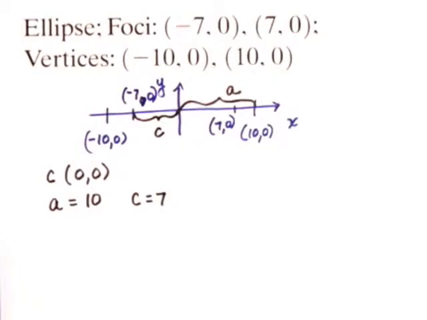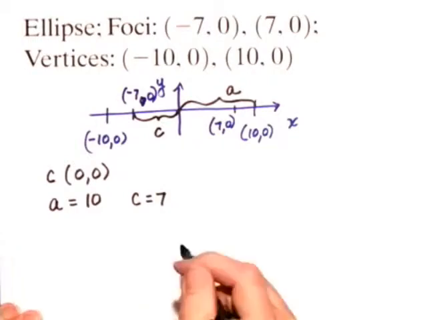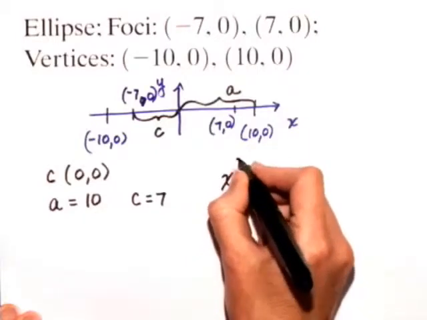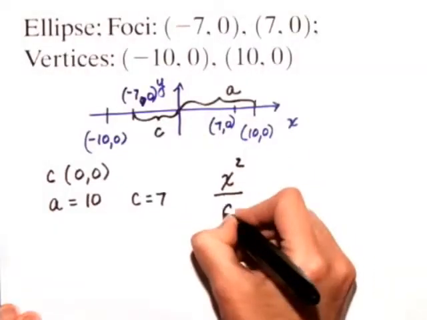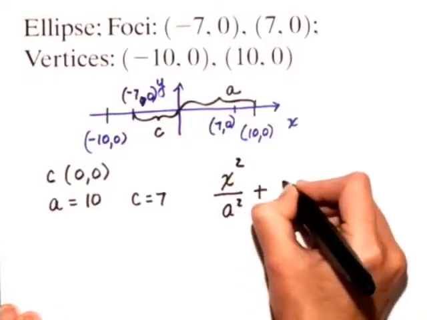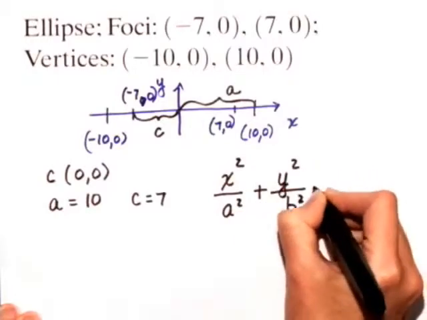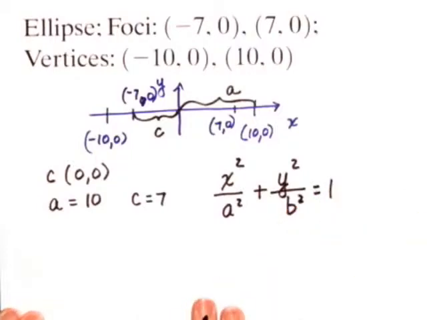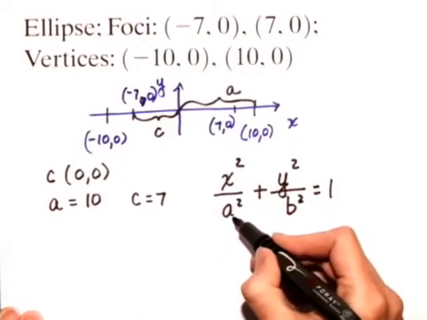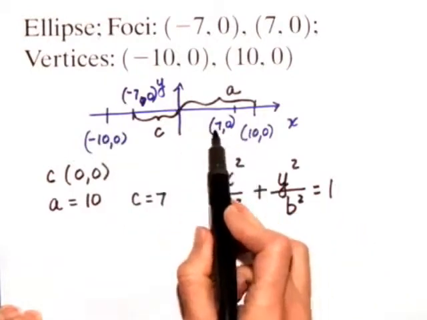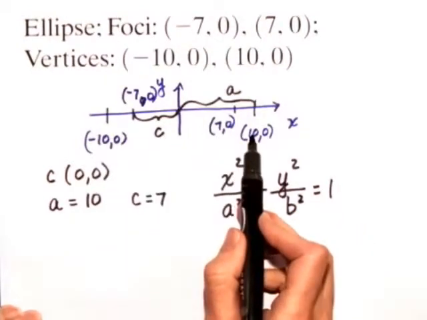Now we're ready to start writing the standard form for this equation. We're going to have x squared over a squared plus y squared over b squared is equal to 1. I know that the a squared goes under the x squared because the x-axis contains the vertices.